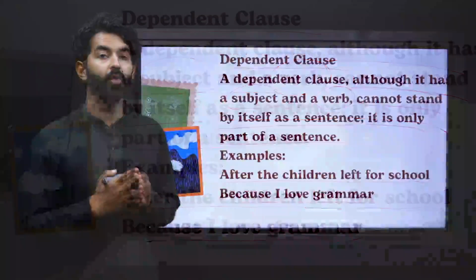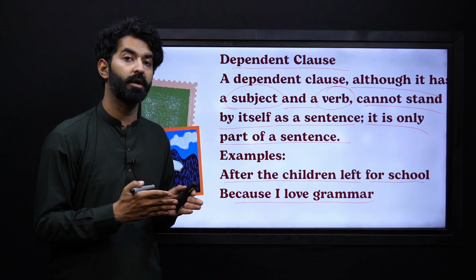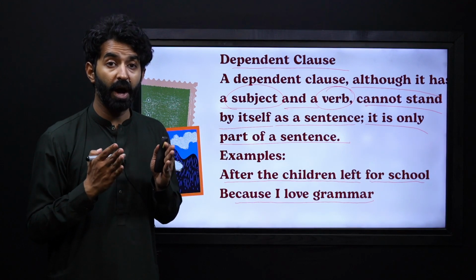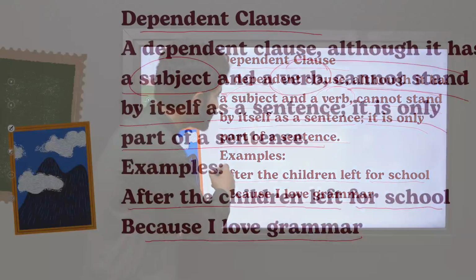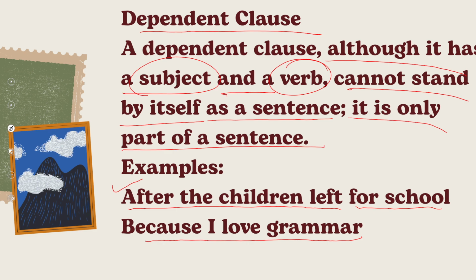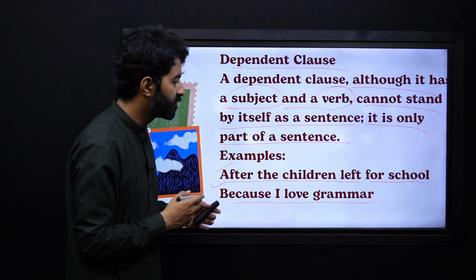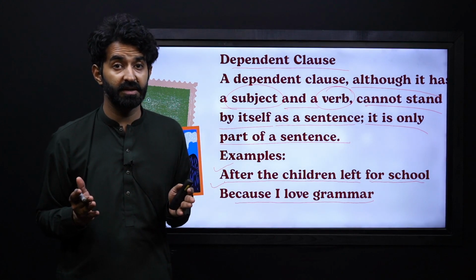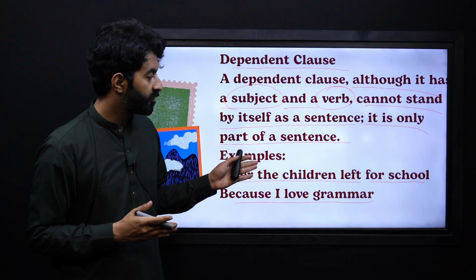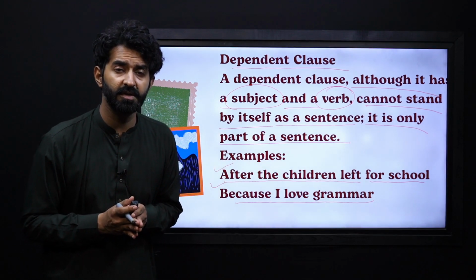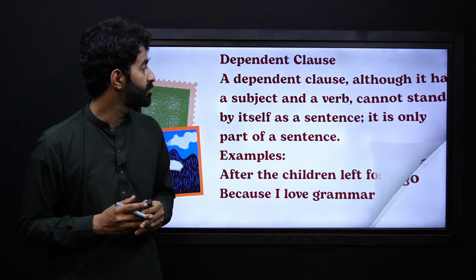We need some more information, another independent clause, to understand what the clauses mean. After the children left for school does not give us a complete idea. Also, because I love grammar, still does not give us a complete idea. So these two clauses, taken from different sentences, need an independent clause to make sense.